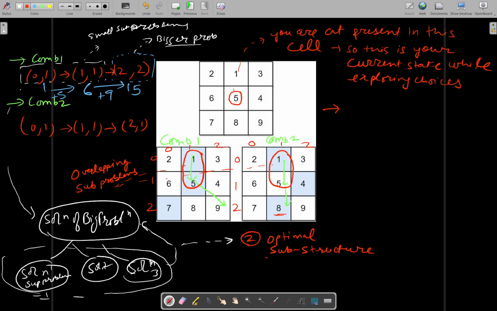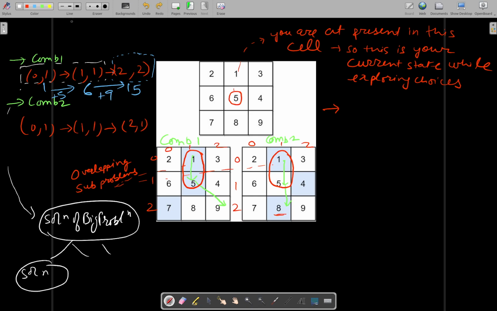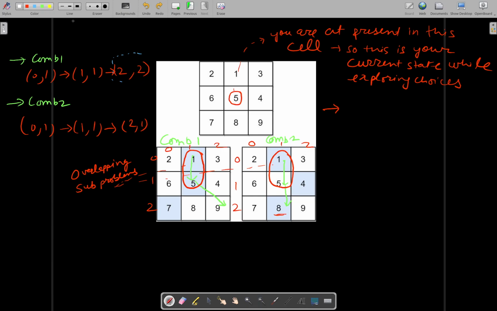Now when these two properties are satisfied by a problem, then we can apply a concept here which we have just discussed: storing the results and using those results to make the solution of bigger subproblems. This particular technique is called dynamic programming. Let me clear the board again.